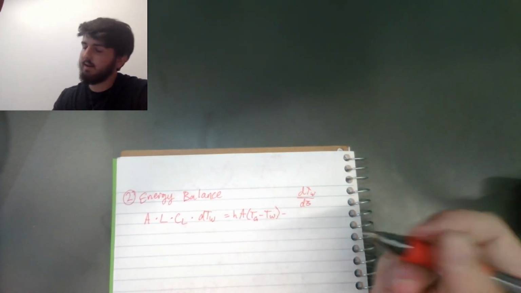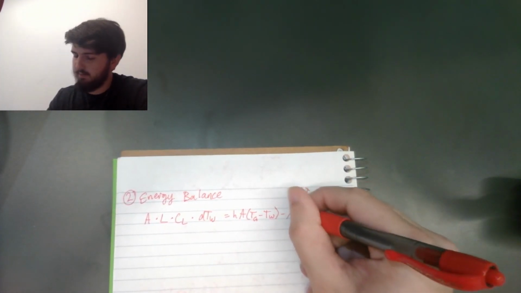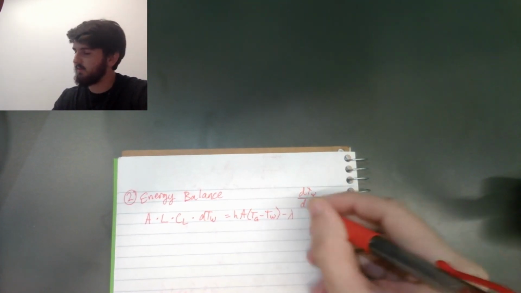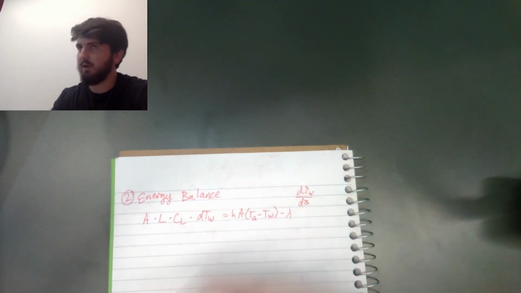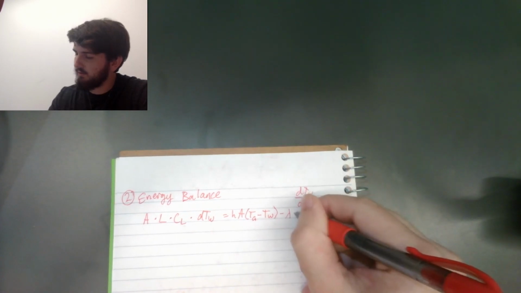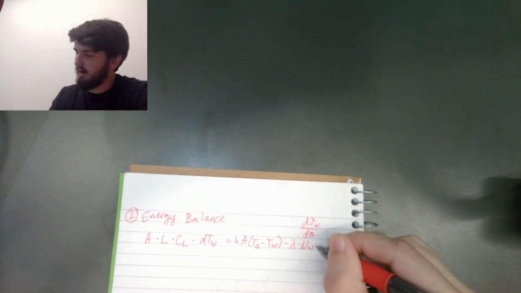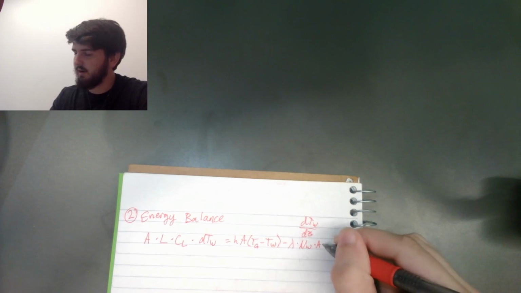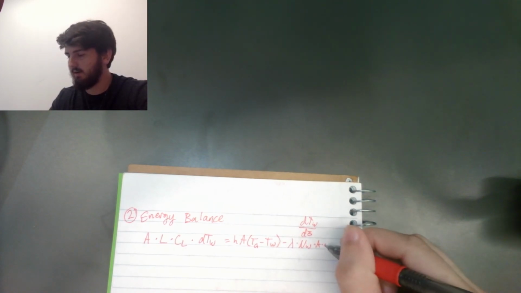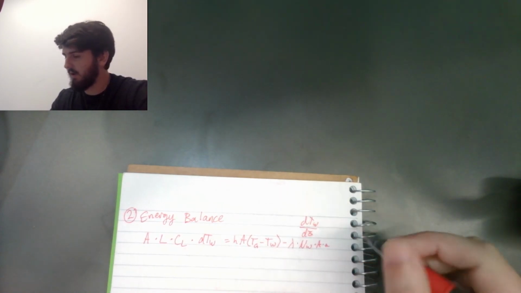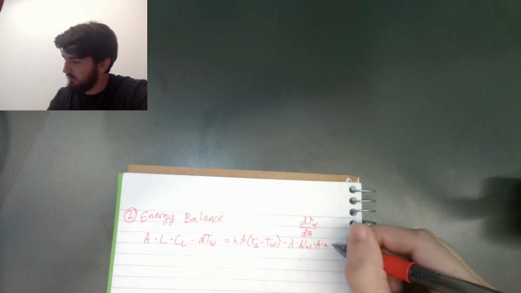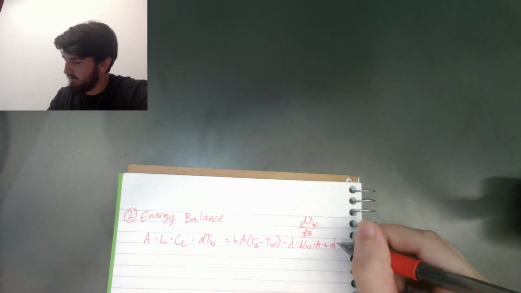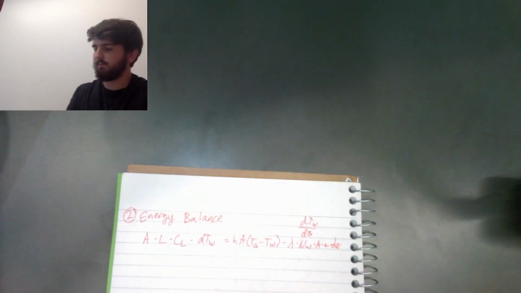And we're also going to take that and subtract it by the heat of vaporization times the molar flux, which we figured out in the last question, times, again, that cross-sectional area, but then we also multiply it by the area that we have there before, multiplied by dz.